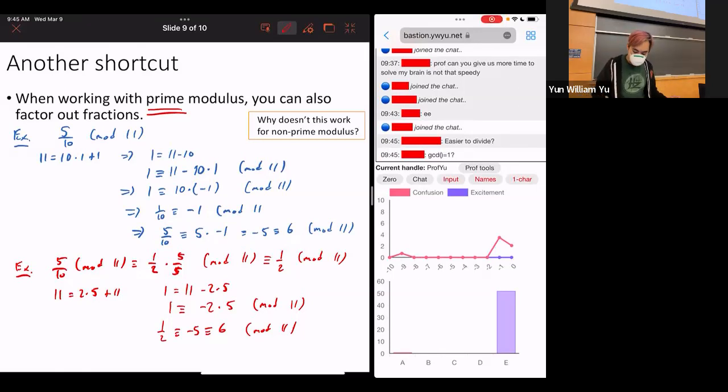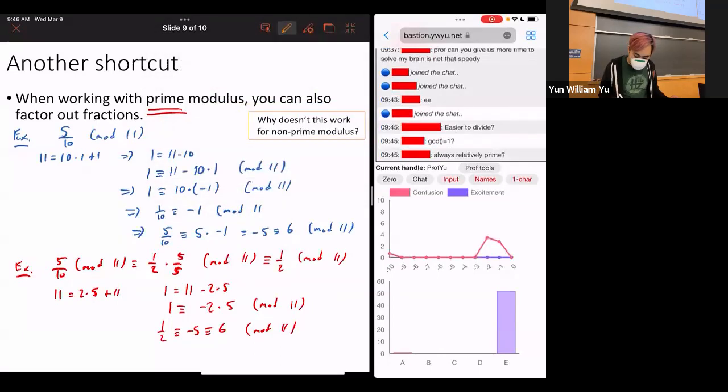And notice here, we divided by 5. And so if you're not working in the prime modulus, you might factor stuff out, but the things you're factoring out might be dividing by things that you can't divide by. And so when you're working with non-prime modulus, this might not work. And we'll see an example of that in a moment. Yes, so always relatively prime, yes. Okay, so let's try that out.